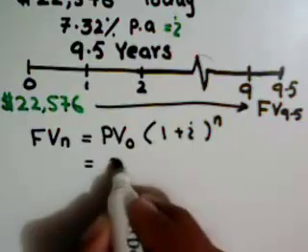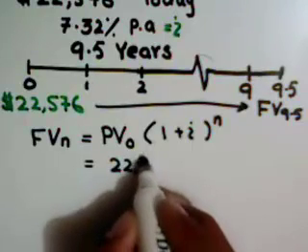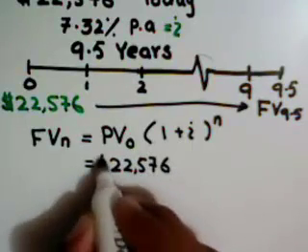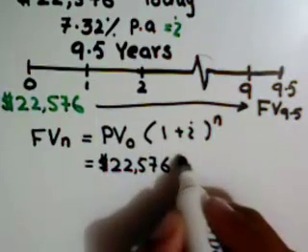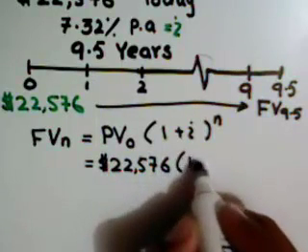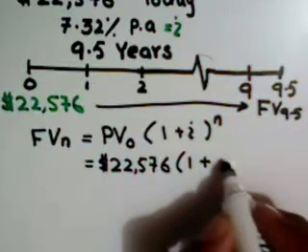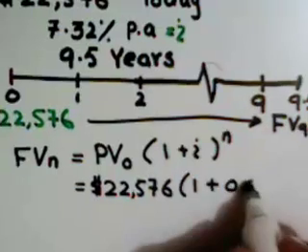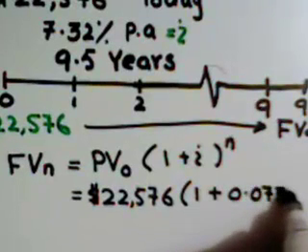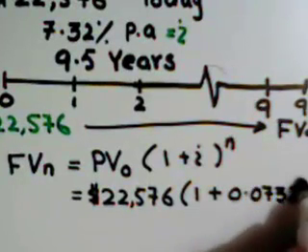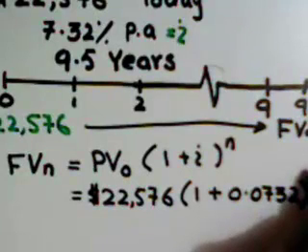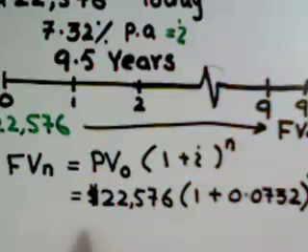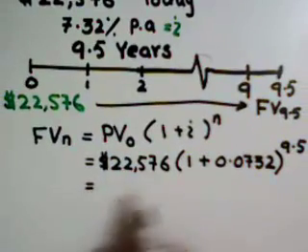Presently we have $22,576 and our compound annual interest rate is 7.32%, that is 0.0732, raised to the power n, the time duration, which is 9.5 years. Now solve this equation.